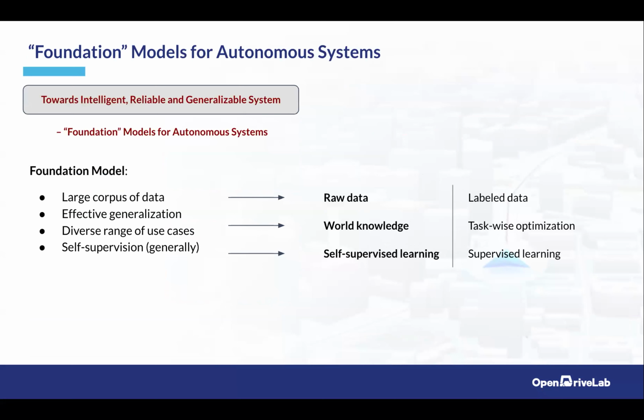However, existing autonomous systems typically have labeled data for one specific task, such as image classification or image segmentation, are optimized task-wise, and use supervised learning. But for our visual world model and foundation models, we need to train with raw data, incorporate world knowledge into the model, and train in a self-supervised manner.